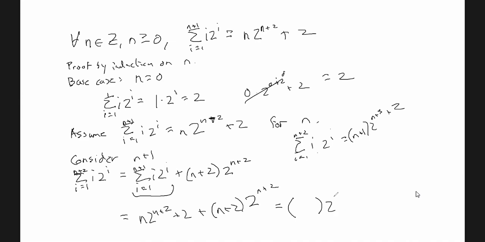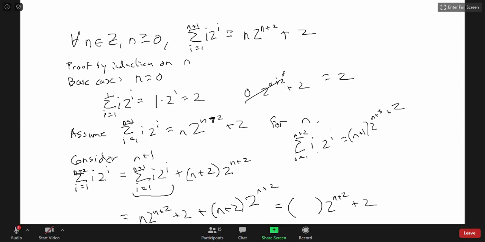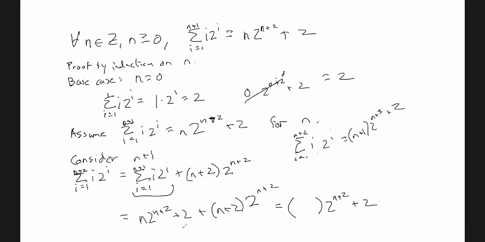How many 2 to the n plus 2s do I have? n times n plus 2? Factor this out. If I factor this out, what do I have left? I have n plus 2 plus n, I believe. Which is just 2n plus 2. 2n plus 2, yeah.